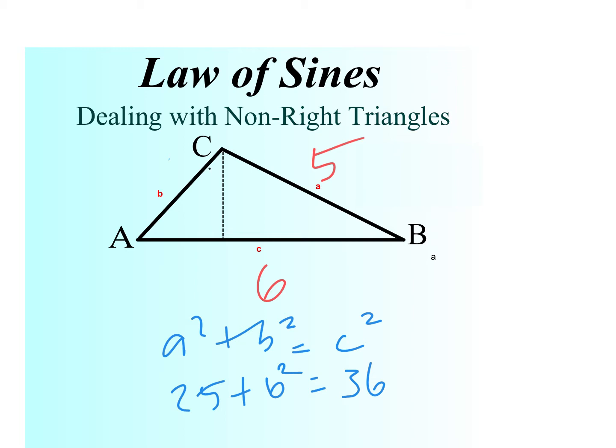If it's a right triangle, then I go square root of 36 minus 25. You see how fast that is? And how would you know to do that? Well, whenever you are finding the longest side, like the hypotenuse, you would add in there. And as long as you're not finding the longest side, you would subtract in there.